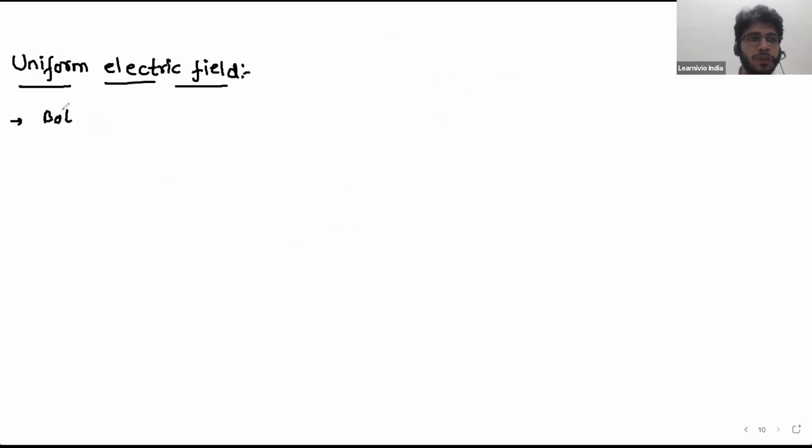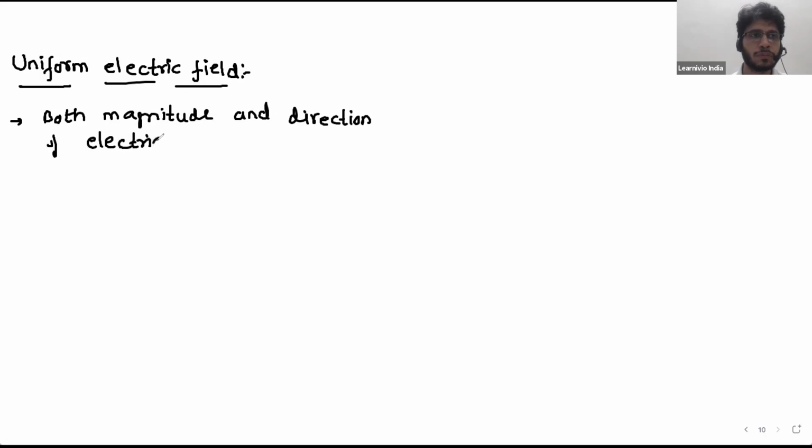So uniform means both magnitude and direction of electric field do not change with position.